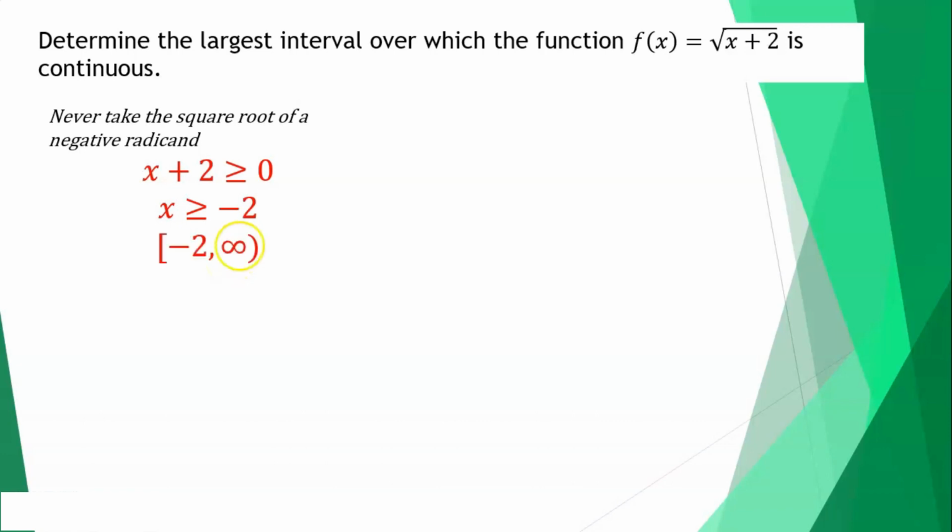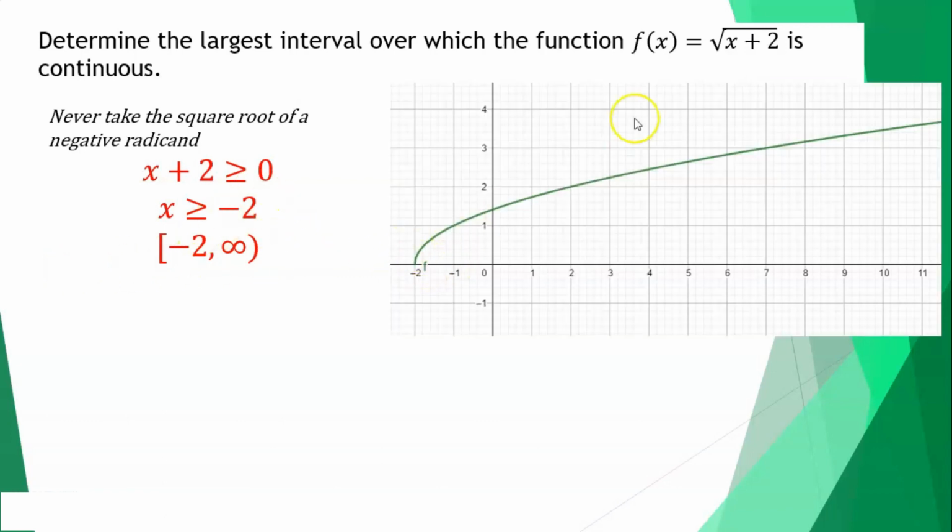Writing this in interval notation, that would be negative 2 bracket until positive infinity. So graphing the square root of x plus 2, this is our graph. So it starts from negative 2 until positive infinity.